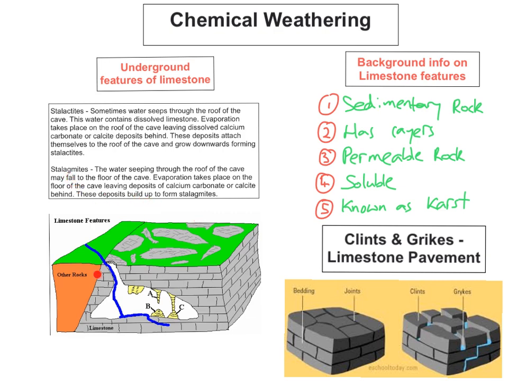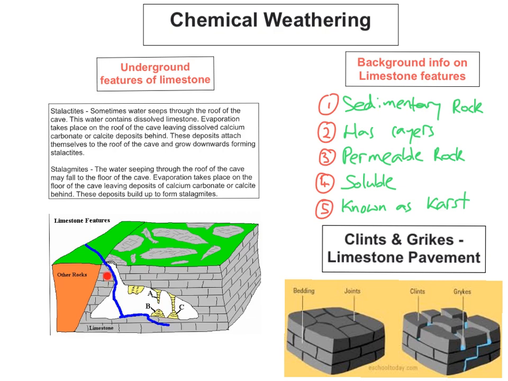Okay, this is a very common question that comes up in the exam papers, and they might ask you to explain two things that were formed because of chemical weathering in limestone in the karst region, and you can just pick stalactites and stalagmites. Of course, you can talk about a pillar as well, because that is when those two actually join together after thousands of years.